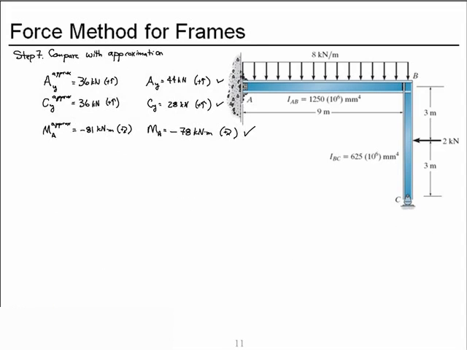Then we went back and compared with our approximate results, found that they were relatively close, and so we are reasonably sure that we have quality prediction of the reactions at A and C due to the uniform distributed load and the concentrated load for this indeterminate frame. Well done.